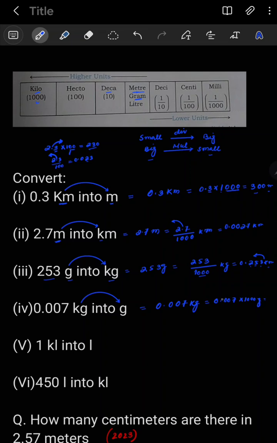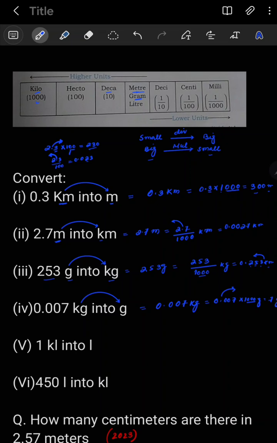Your point will sweep to which side for multiplication? Your point will sweep to the right side. Okay, for multiplication the point is sweeping right side, and for division the point is sweeping left side. So how many houses will your point sweep? Check here, in 1000 how many zeros? 3 zeros. So your point will sweep 3 houses, 1 2 3, and it will come here, so it means 7 gram.